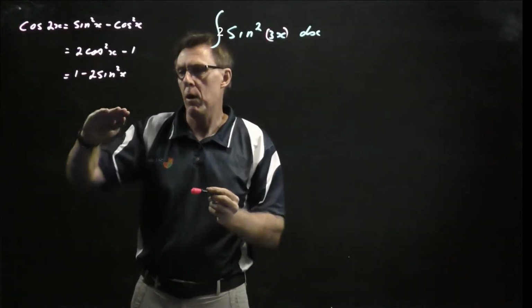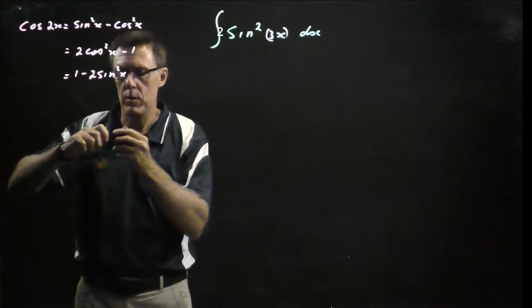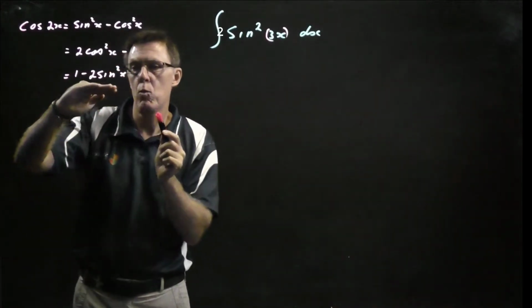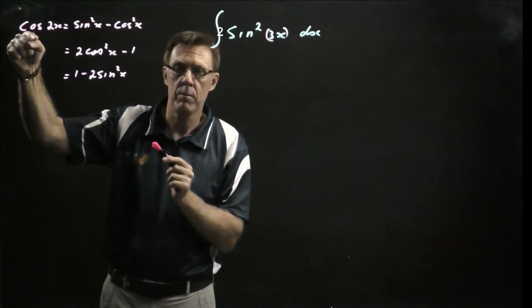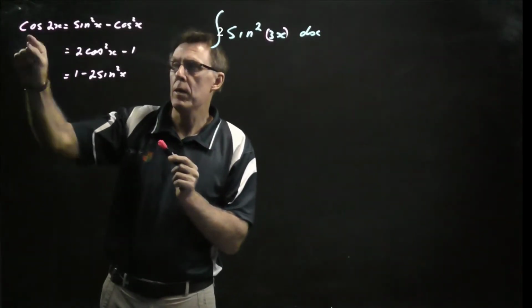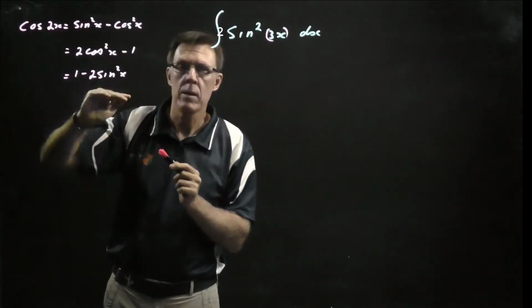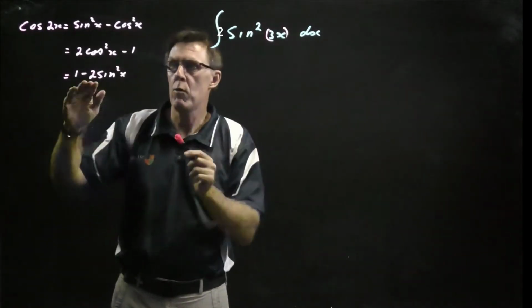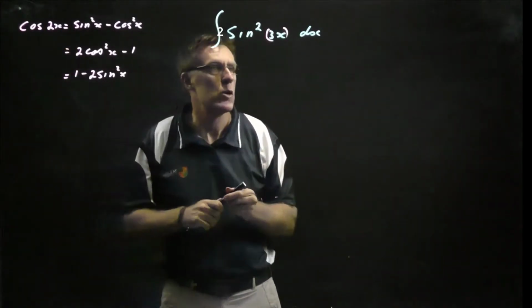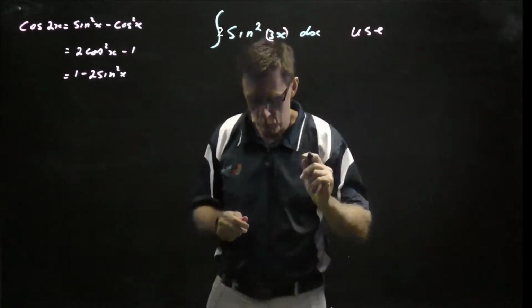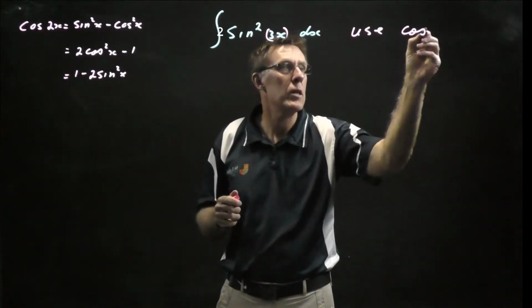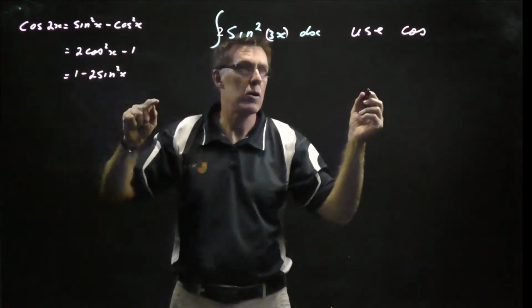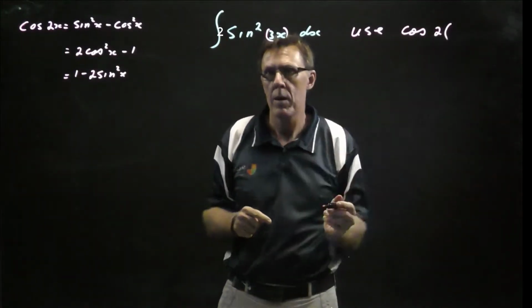Sine squared of an angle, I can find this here. So there's sine squared of an angle. And I can work backwards to that to see that it's cos 2 lots of the angle. That is going to be very, very easy to integrate. So I can take this out and replace it with something in this particular format. So what I want to do is eventually get to cos 2 lots of my angle.